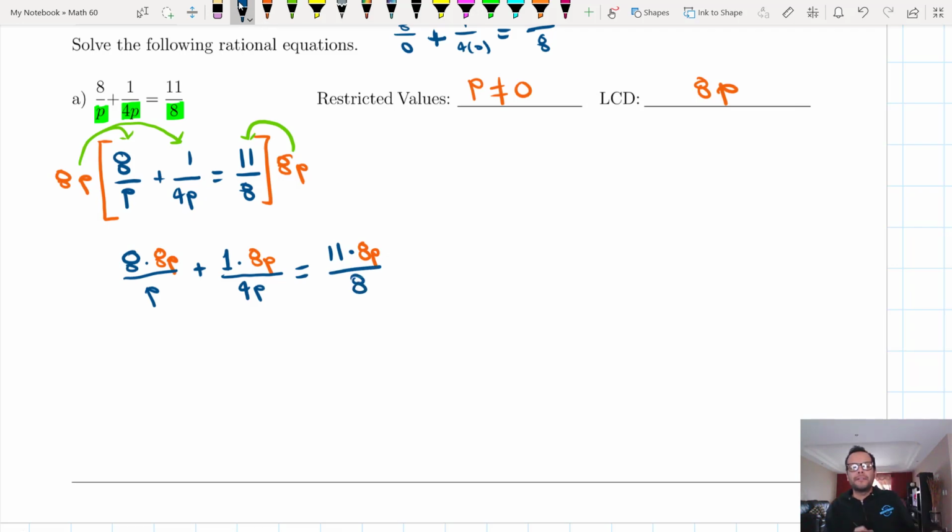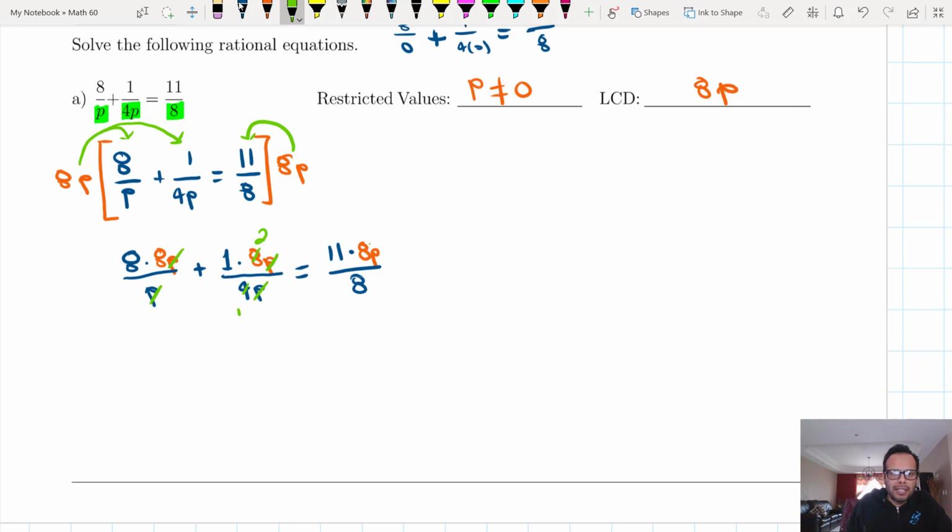At this point we're good to go and divide out common factors. Notice we can cancel the p's right here, and we can also cancel the p's right there. Over here, when we divide 8 by 4, we get a 1 and a 2, since 4 goes into 8 two times.